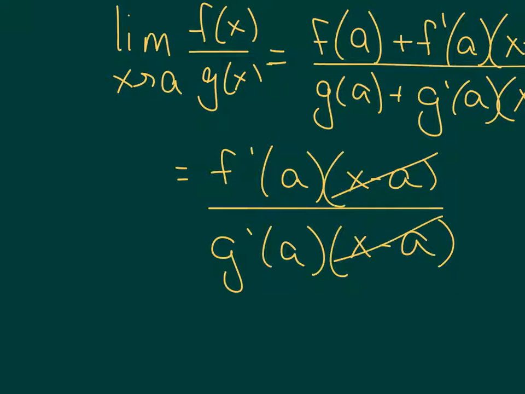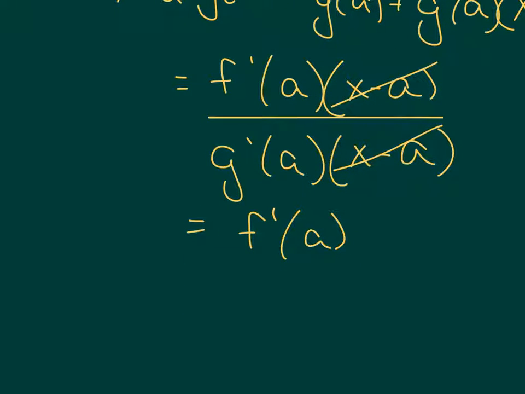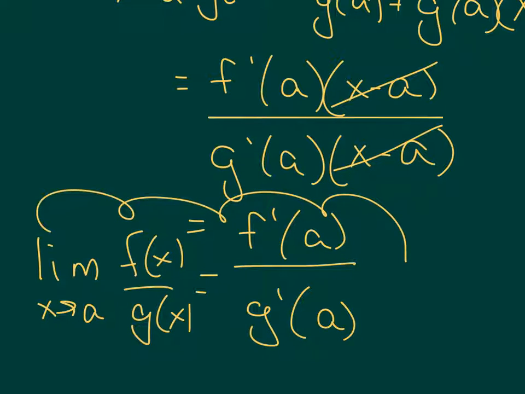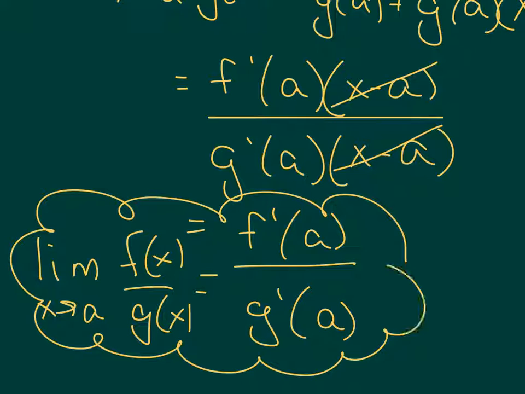And obviously, the x minus a's cancel, so what we are left with is f prime of a all over g prime of a. So the limit as x approaches a of f of x over g of x in an indeterminate form situation simplifies into just the derivative of the top over the derivative of the bottom.